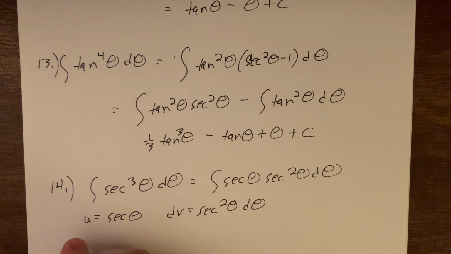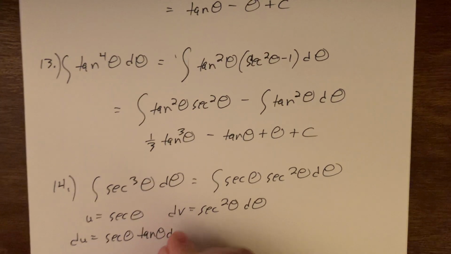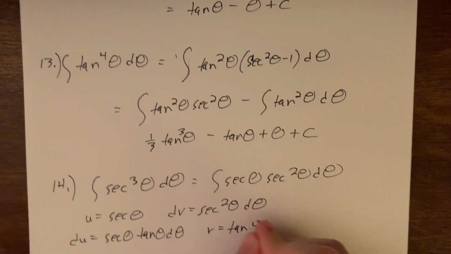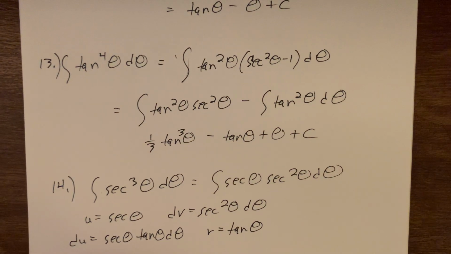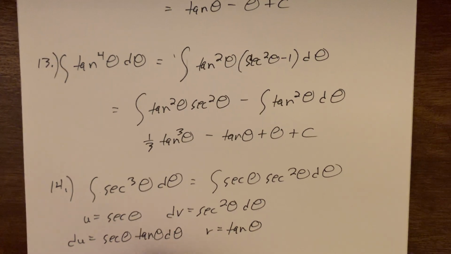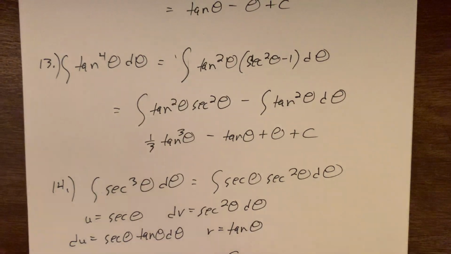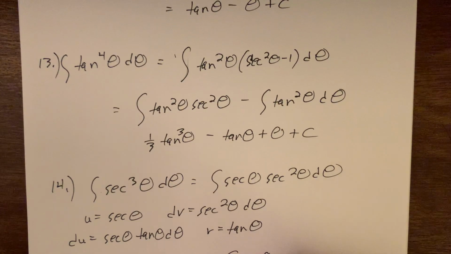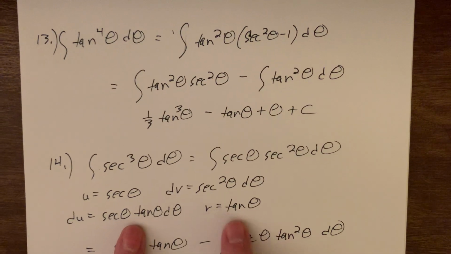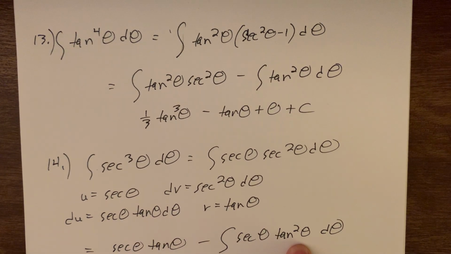Because if this is my u, du is secant theta tan theta d theta, and then the antiderivative of secant squared is tangent. So u times v minus the integral v du, and just notice my v du, I just multiplied the tangents together to get tangent squared.